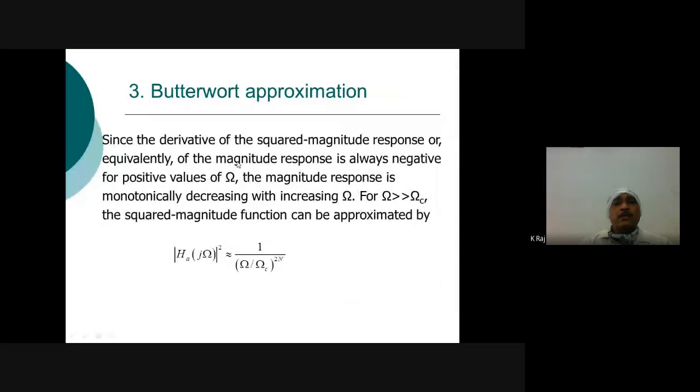Here, since the derivative of the squared magnitude response, or equivalently the magnitude response, is always negative, for positive values of omega the magnitude response is monotonically decreasing with increasing omega. For omega greater than or equal to omega c, the squared magnitude function can be approximated by 1 upon (omega by omega c) to the power of 2n.